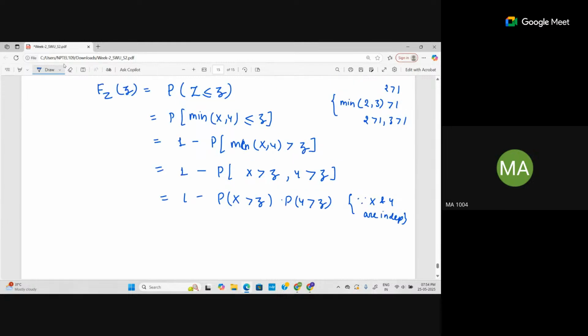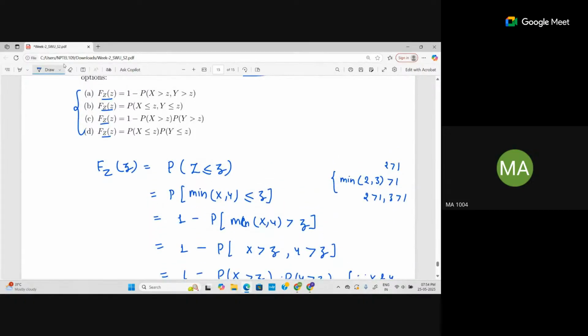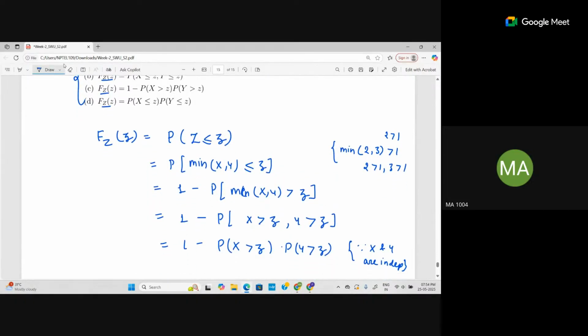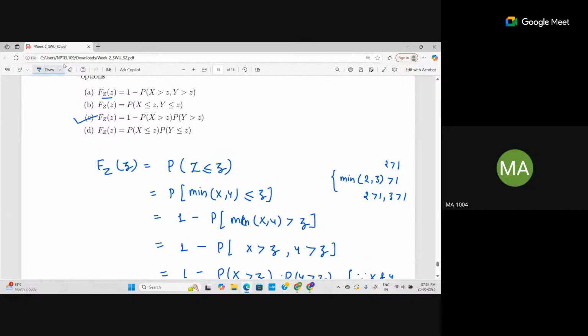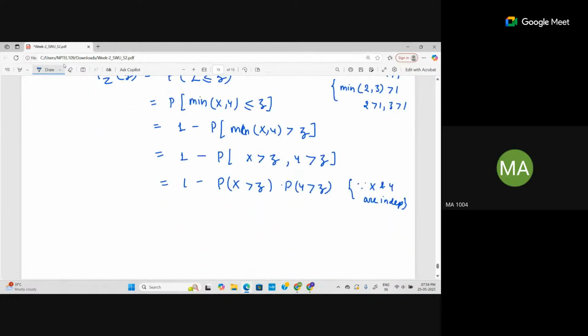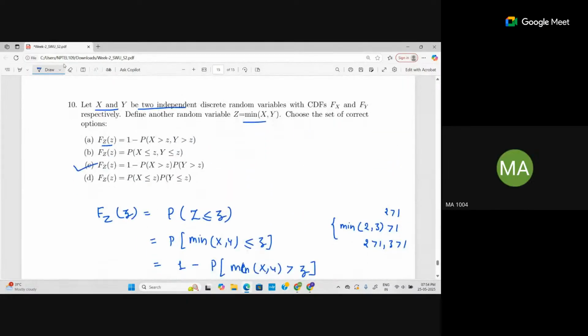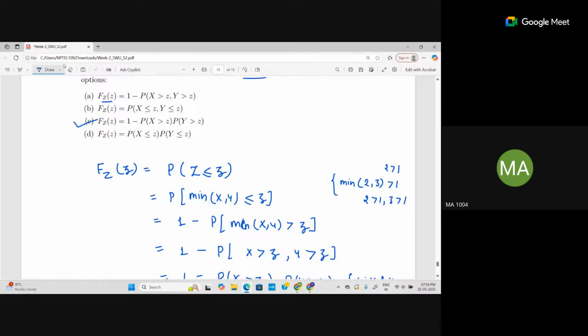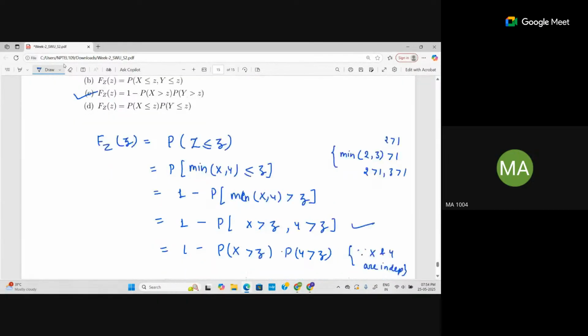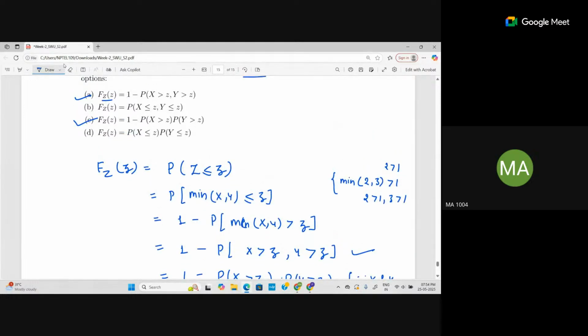So what options are we given? You can see this is option C, so option C is correct. And A is also correct, I think. So A is this statement, and the last line is equal to option C. So these two options will be correct.